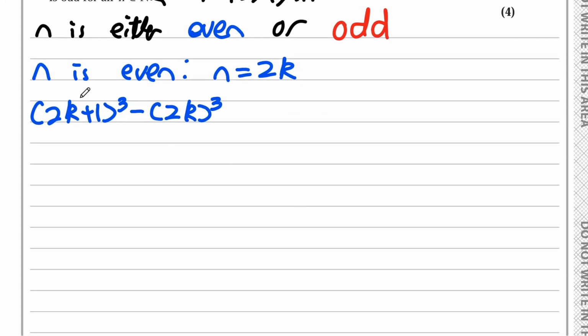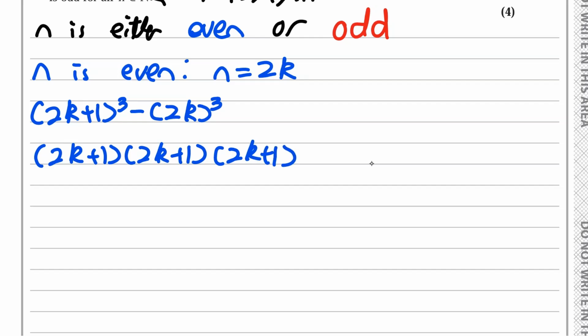Okay, so let's firstly expand (2k + 1)^3. Now, you could do this binomially, but I think it's slightly quicker to just do it by expanding brackets.